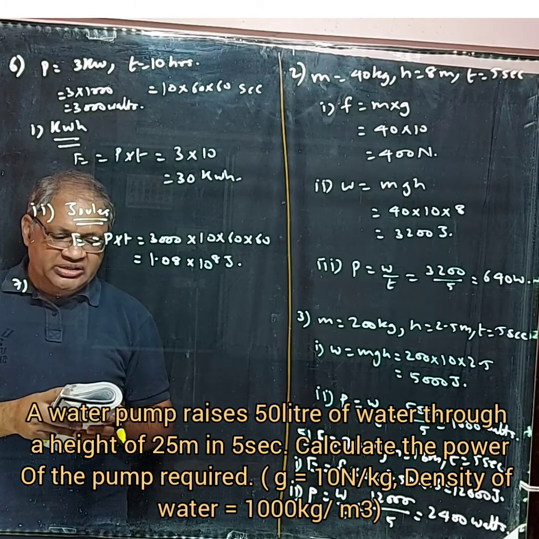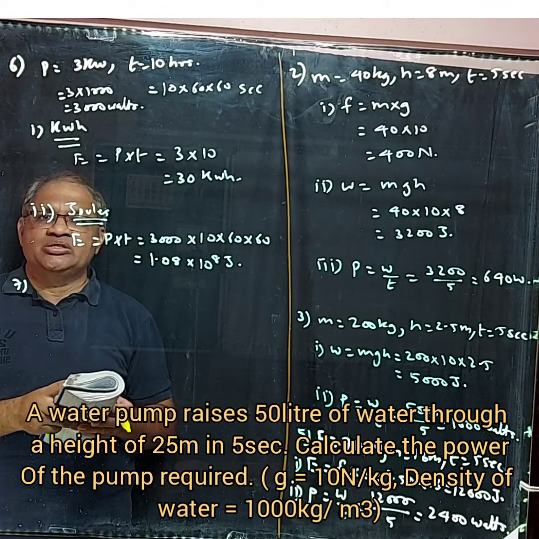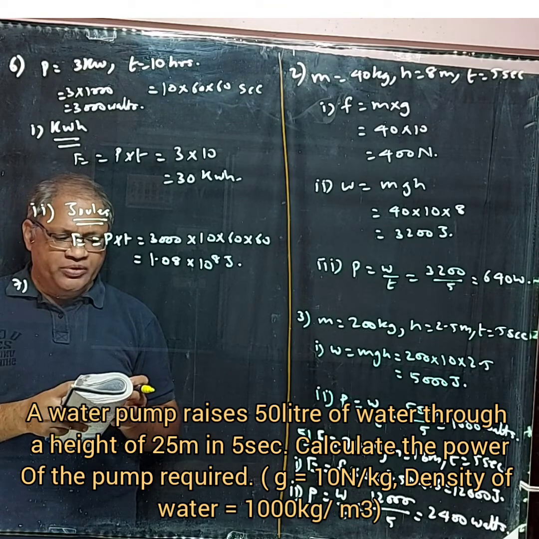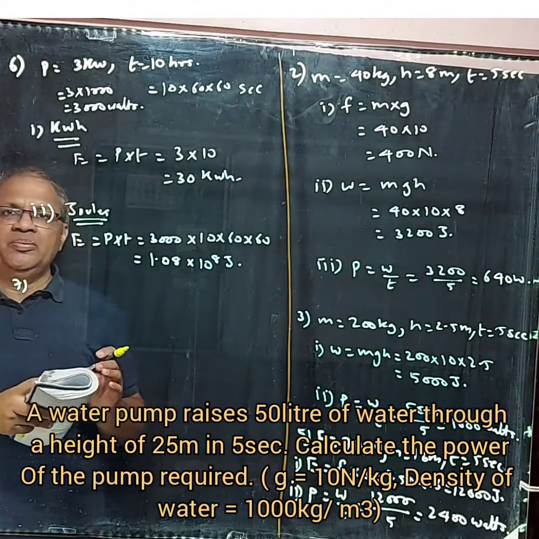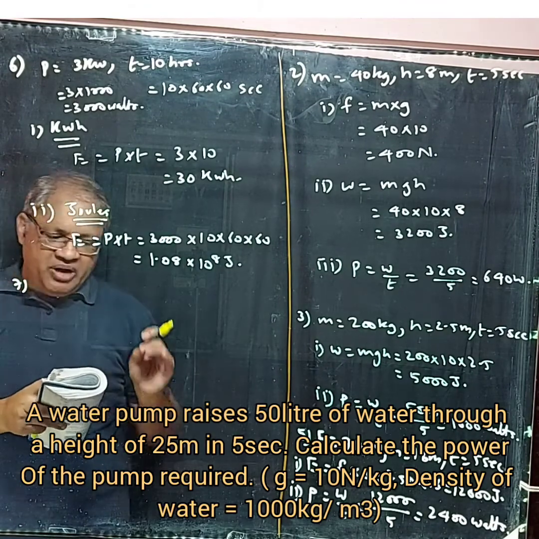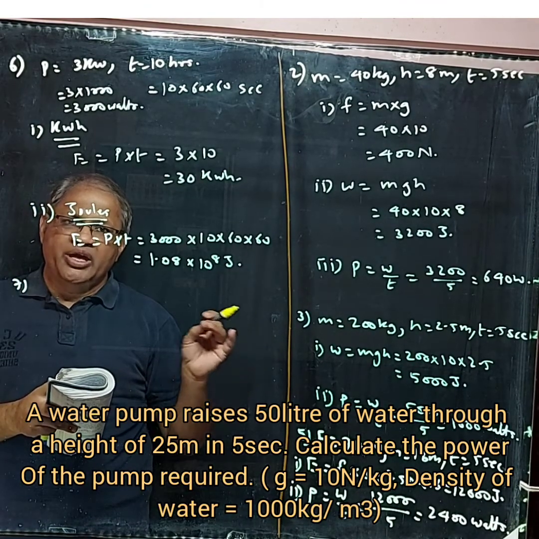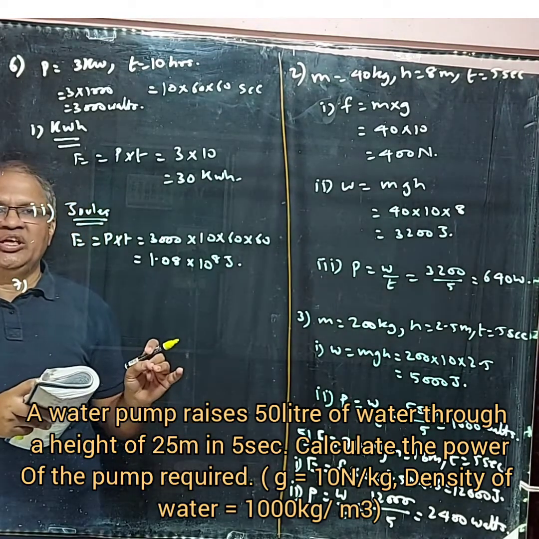A water pump raises 50 liter of water. Now 50 liter means mass is 50 kg. Conversion is given down. Density of water is 1000 kg per meter cube. So just remember the mass and the liters volume are the same. Whenever they say 50 liters, just take 50 kg.